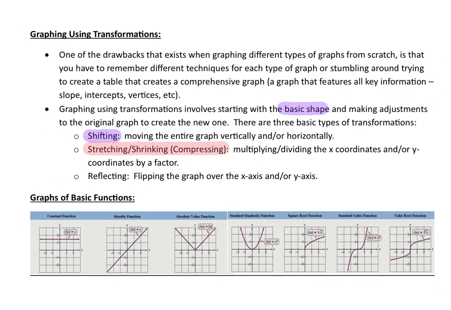Now when we do this, it's going to be kind of like Stretch Armstrong, which was a toy in the 70s that you took his arms and you could pull him apart this way, or you could grab his head and feet and pull him apart vertically. And so that's what we do when we talk about stretching or shrinking.